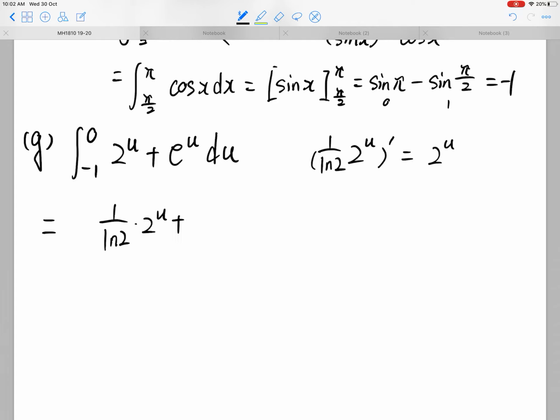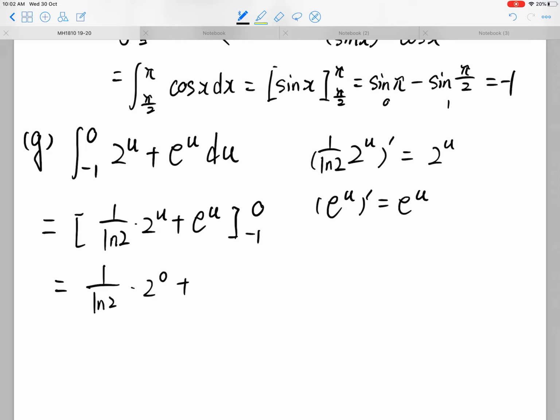For e to the power of u, the derivative is e to the power of u, so its integration is still e to the power of u, from negative 1 to 0. When u is 0, it is this. When u is negative 1, it is this.